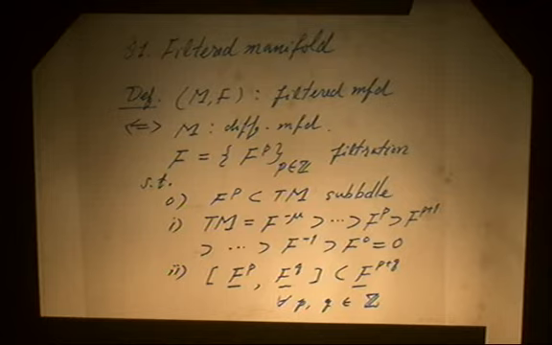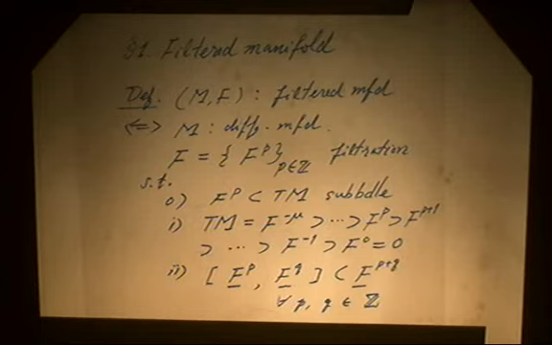Satisfying the three conditions. First of all, F^p is a subbundle of the tangent bundle, and secondly, the filtration is descending, starting from the tangent bundle down to 0. So in our notation, the filtration is negatively concentrated.